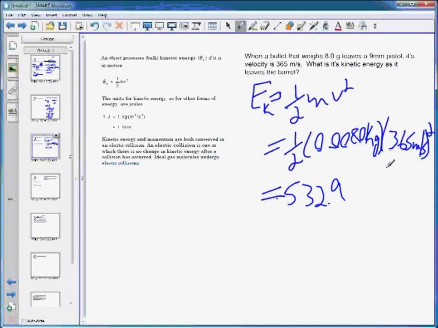Now we have two significant figures and three significant figures, so we can only have an answer to two significant figures, which means it's 530 joules, rounded to the 3.